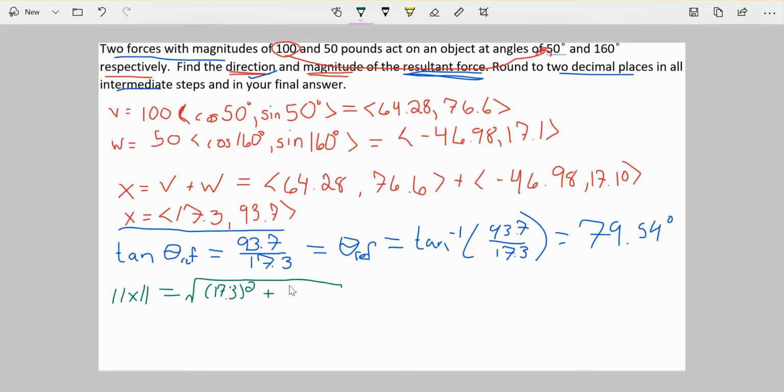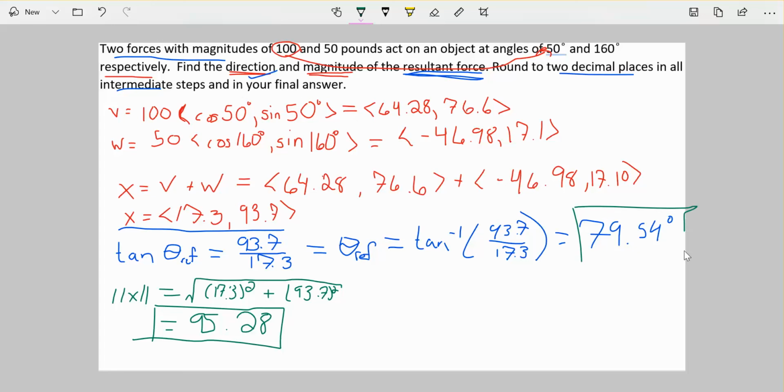It should look like the distance formula, because those two things are really the same thing. That's the formula for magnitude: 17.3 squared plus 93.7 squared. So when I clean all that up, my magnitude is 95.28. And that is my answer. So here is my magnitude, here is my direction, and I am done.